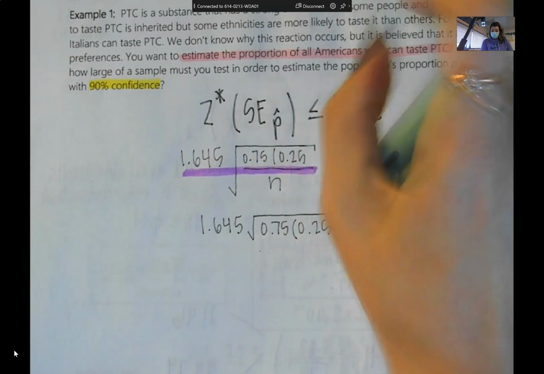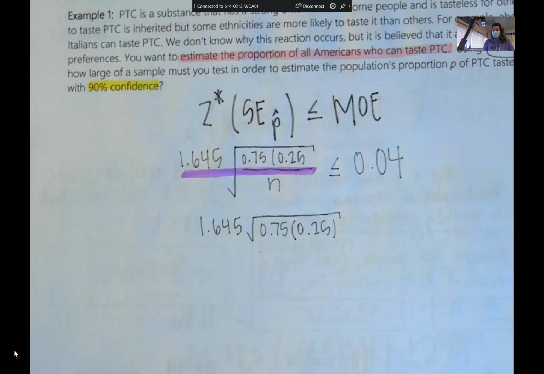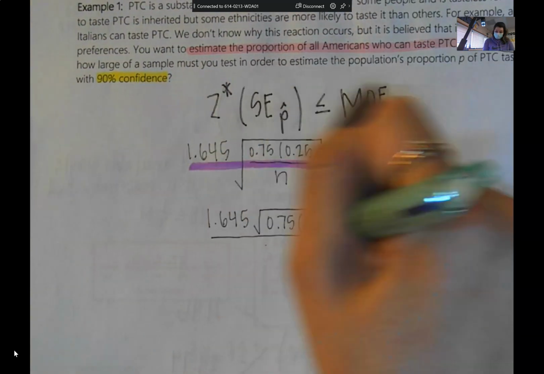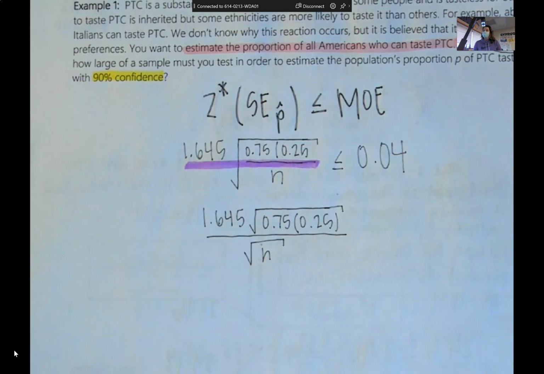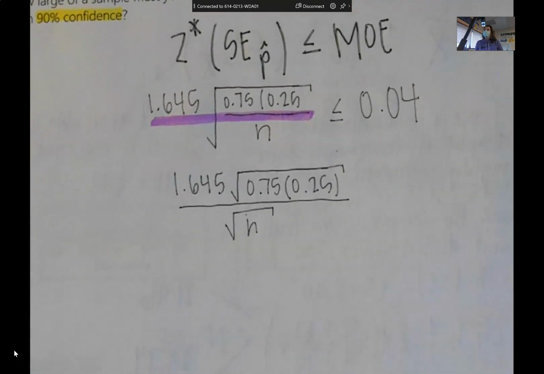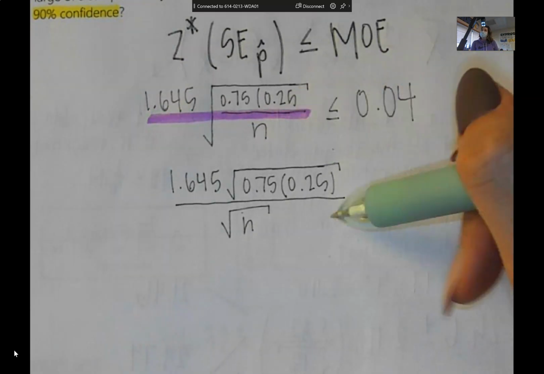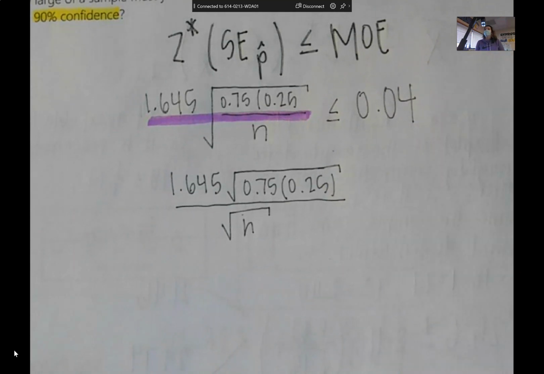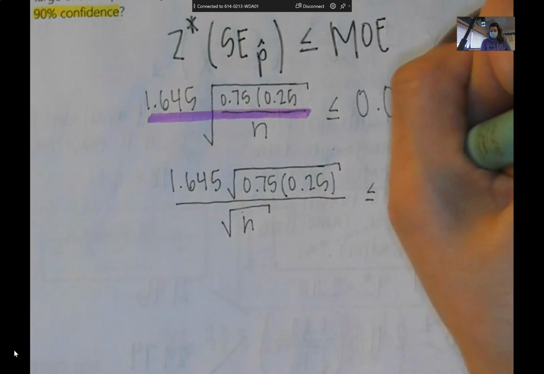You can multiply that out if you want to, but I usually just leave everything as is. This is all over root n. I'm just rewriting this top fraction so that the root is in the top and the root is in the bottom. This needs to be less than or equal to 4%.